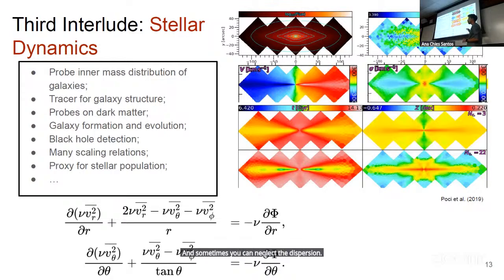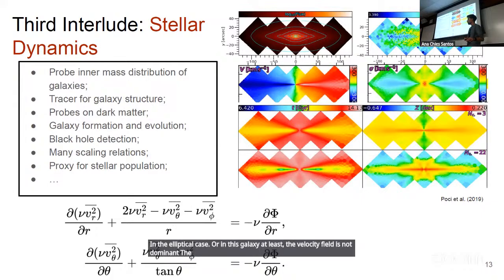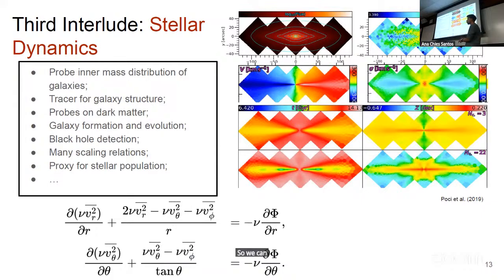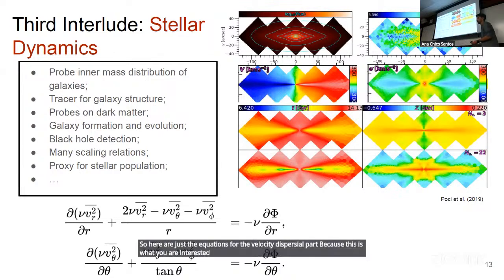In the elliptical case, or in this galaxy at least, the velocity dispersion is dominant. So we can neglect the velocity part and model just the velocity dispersion. So here are just the equations for the velocity dispersion part, because this is what we are interested in reproducing.